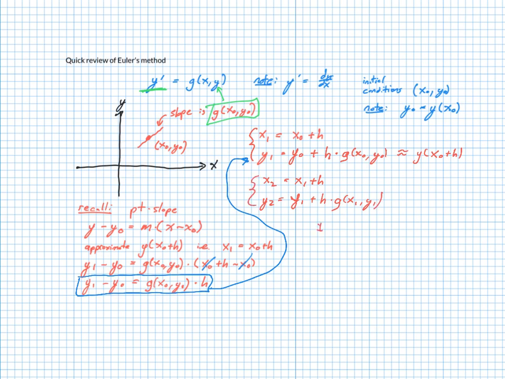So in general, we get that x sub n plus 1 is the previous x plus h. And y sub n plus 1 is equal to our previous y plus h times g of xn comma yn. And this is our general formula for Euler's method.